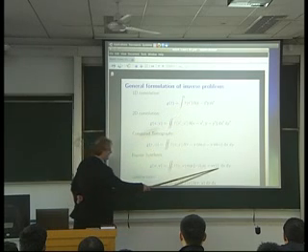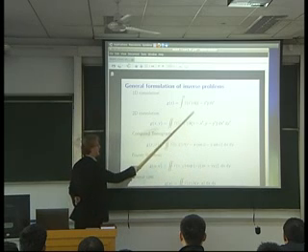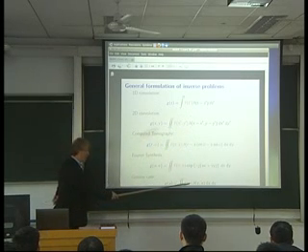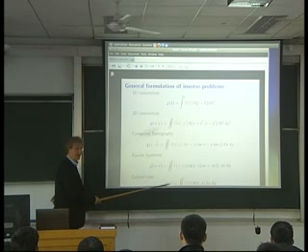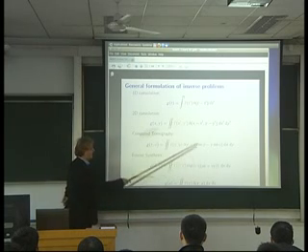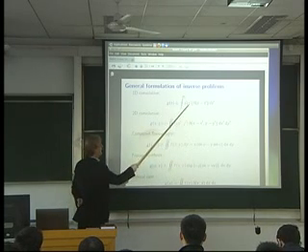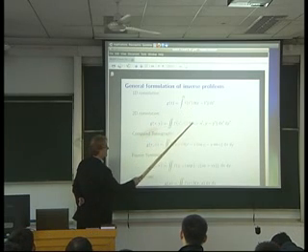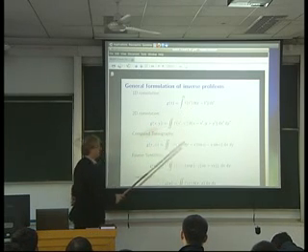And you have here a function which depends on R and S. Here you say T and T prime. Here is X and Y, X prime and Y prime.